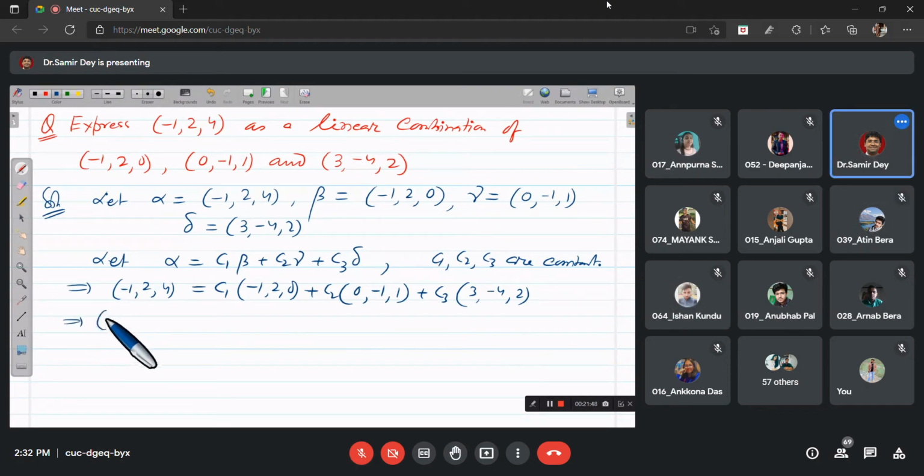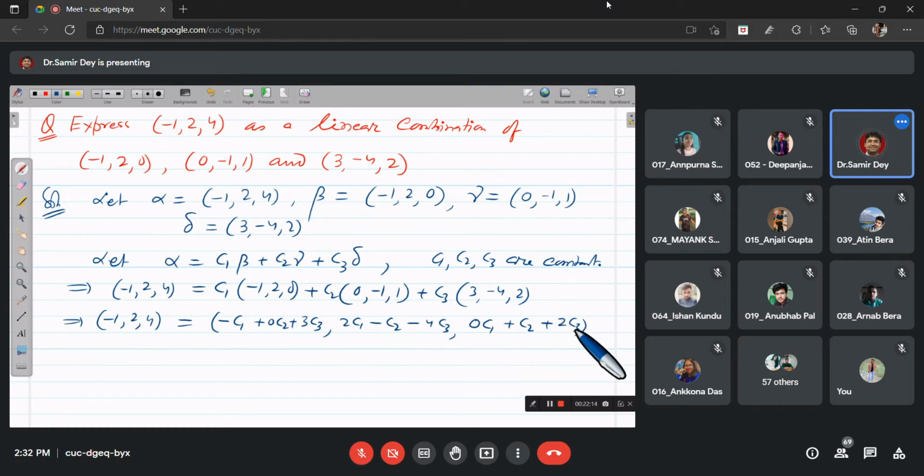Okay, now please check. Can you write -1 to 4 is equals to, if you add component wise, then you have -C1 plus 0 C2 plus 3C3, 2C1 minus C2 minus 4C3, 0 C1 plus C2 plus 2C3.